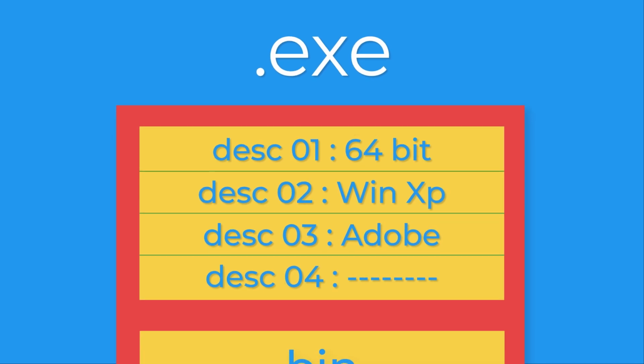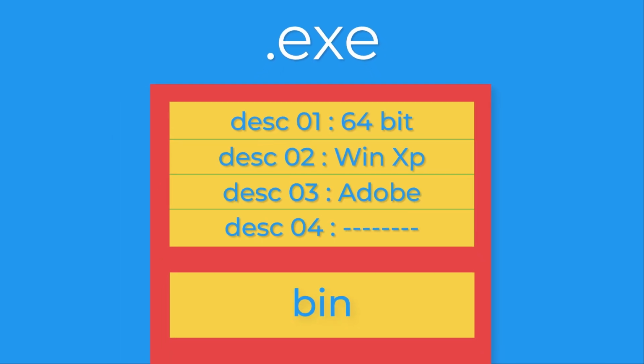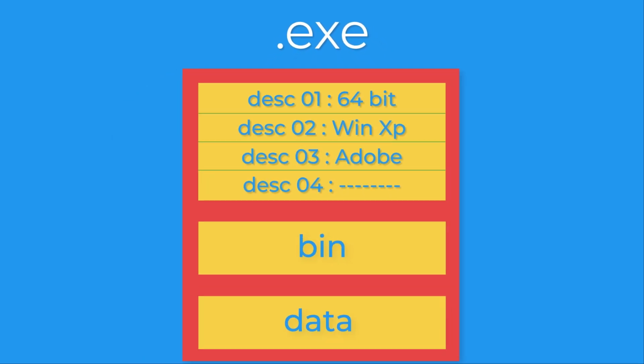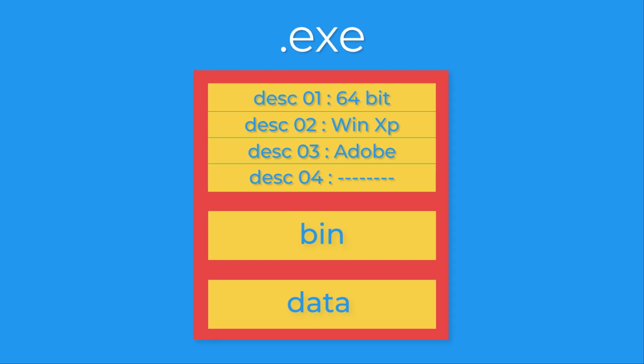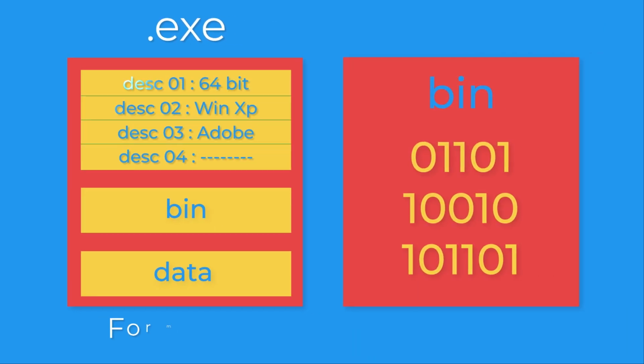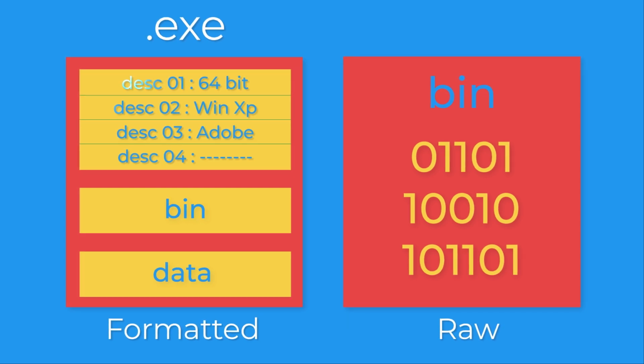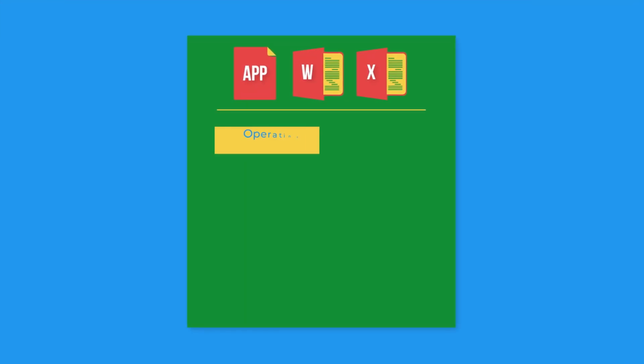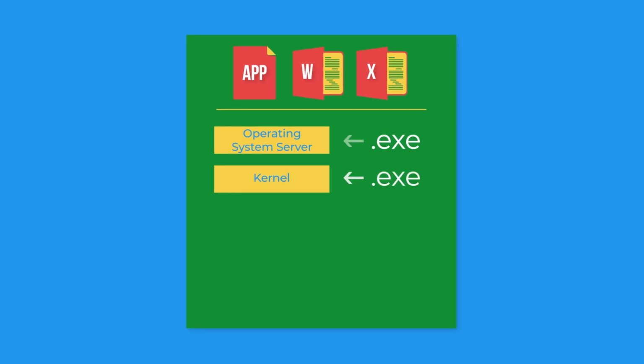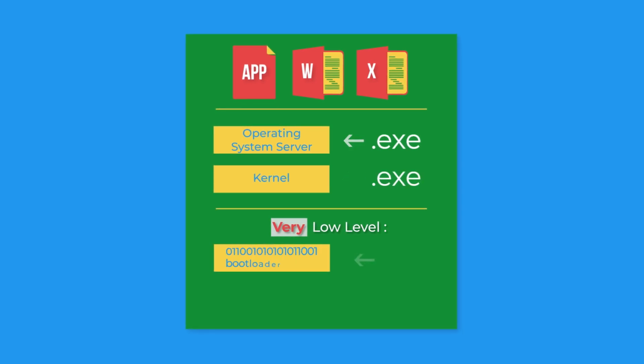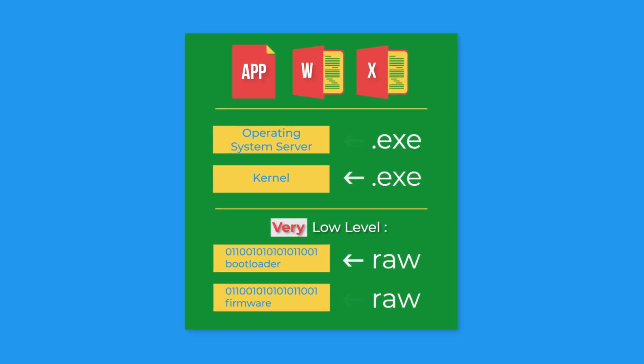So we've come to understand now that binaries are generally wrapped or formatted. But there are cases where binaries are not formatted at all and they don't have any format information embedded inside of them. And those binaries are called raw binaries, literally raw. They're not wrapped, they're just raw binary. And they tend to be used only at the very lowest level of the machine by programs like firmware, bootloaders, and so on.